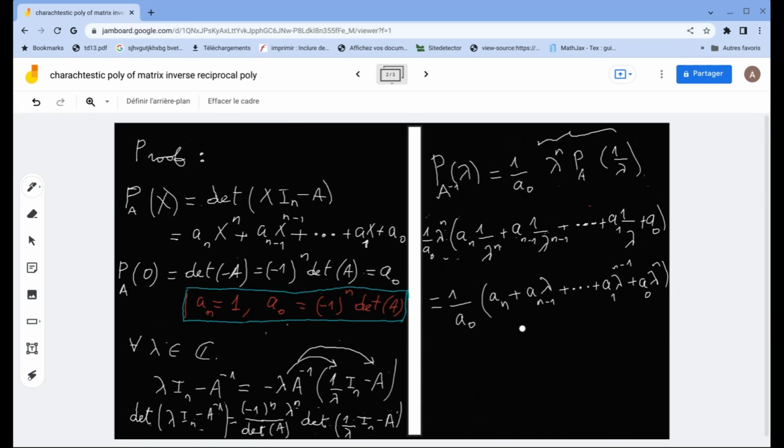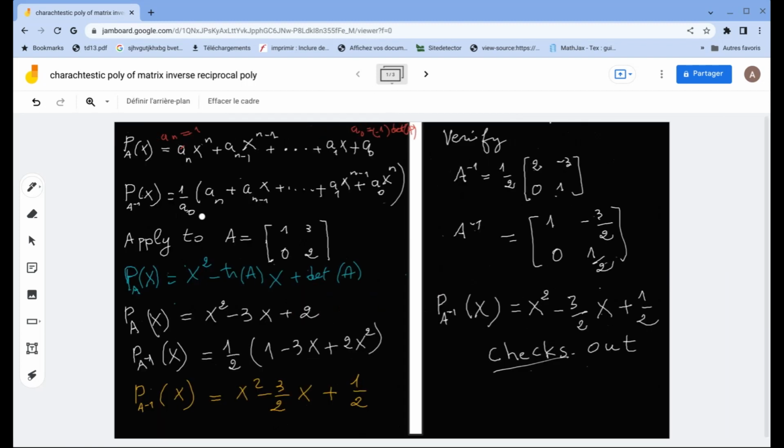So I find the formula giving the characteristic polynomial of the inverse of a matrix in terms of the characteristic polynomial of the matrix.